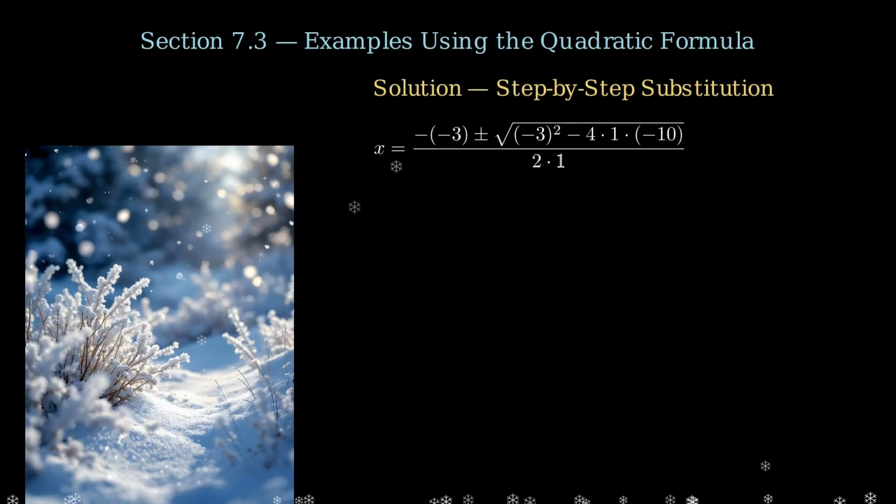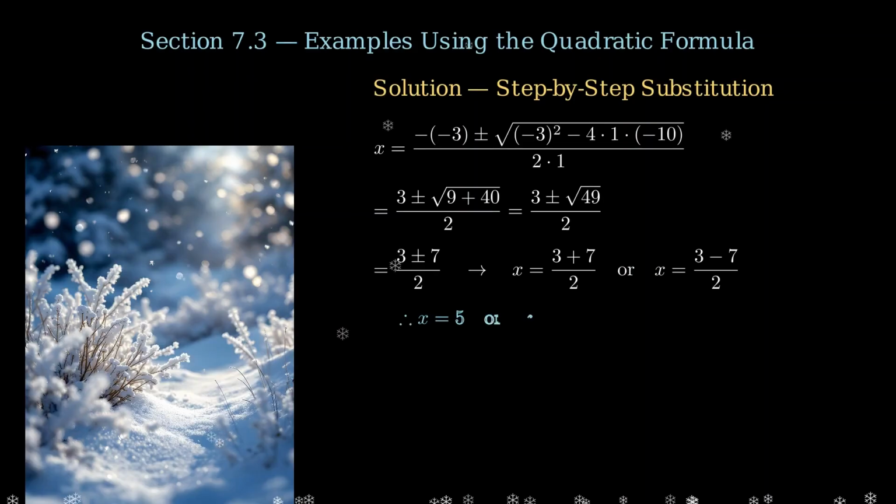Substituting our values, x equals negative negative 3 plus or minus the square root of negative 3 squared minus 4 times 1 times negative 10, all divided by 2 times 1. Simplifying inside the root, we get 3 plus or minus the square root of 9 plus 40, which is 49.